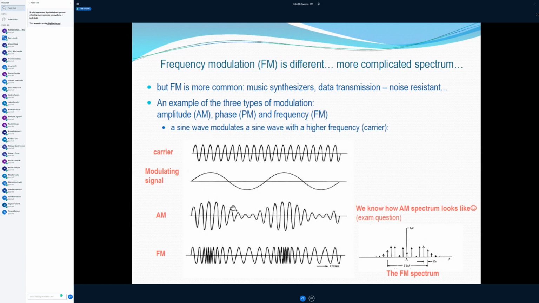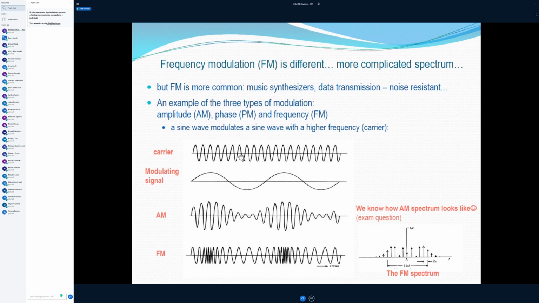Here you can see the changing amplitude of the signal, and here you can see the frequency changed by the sinusoid. So this is a nonlinear transformation of the signal. That's why the spectrum is very complicated.